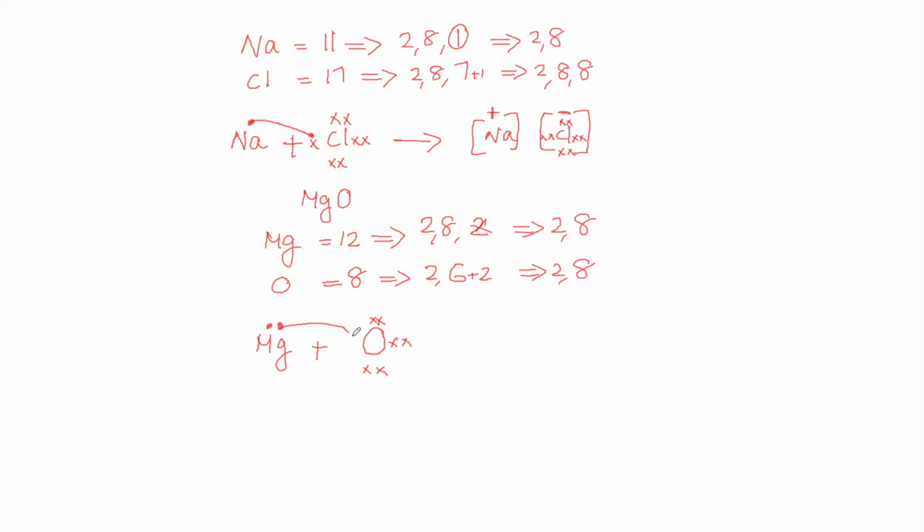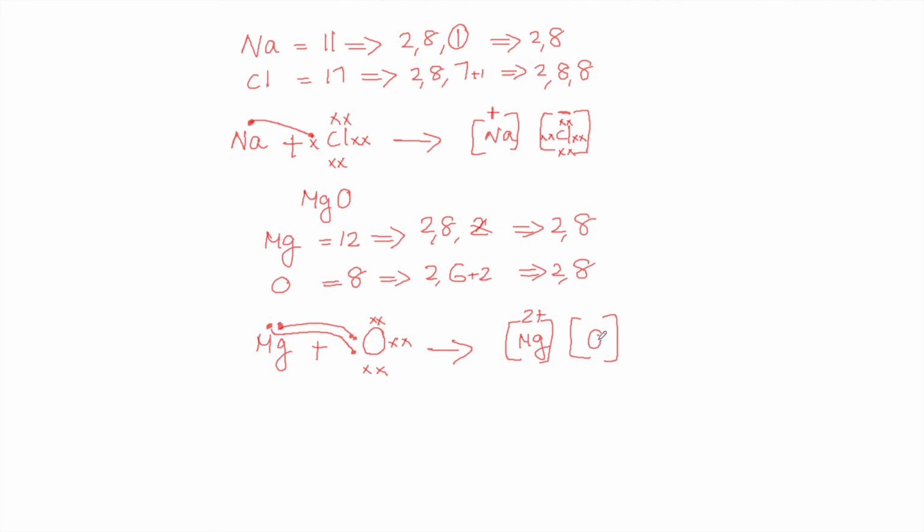So these 2 electrons are transferred here and it forms magnesium oxide. Magnesium and oxygen will be in 2 boxes on the right hand side. Magnesium loses 2 electrons, so that means 2 plus.